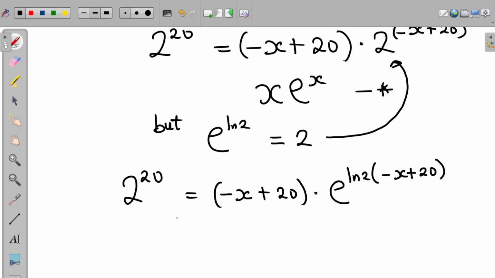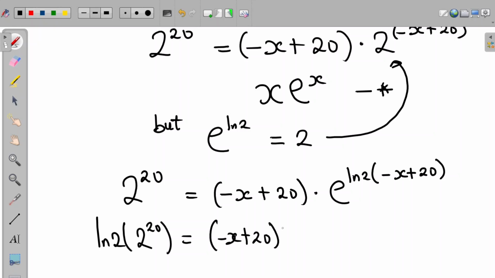So now, before we can apply the Lambert W function, let us multiply our equation by ln 2. So we have that ln 2 multiplied by 2 to the power of 20 is equal to minus x plus 20 multiplied by ln 2 multiplied by e to the power of ln 2, open bracket, minus x plus 20.